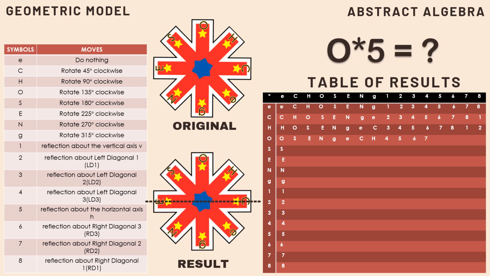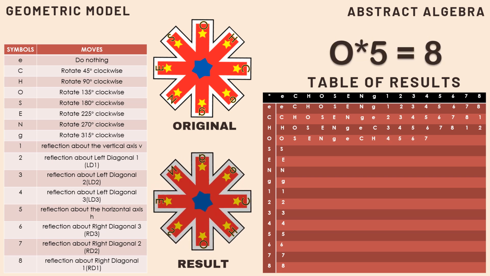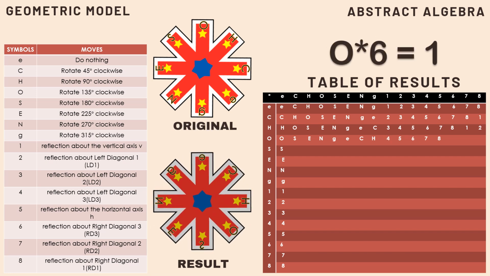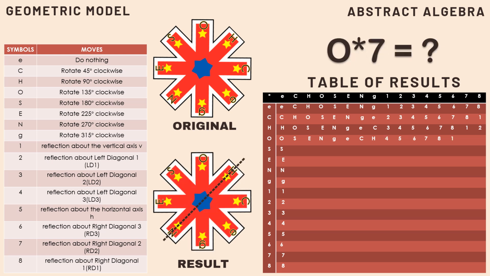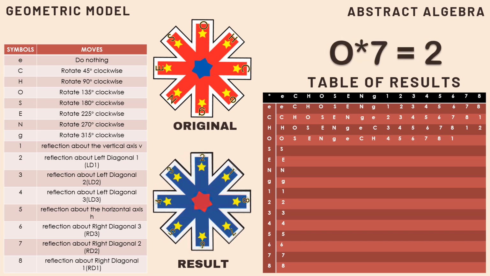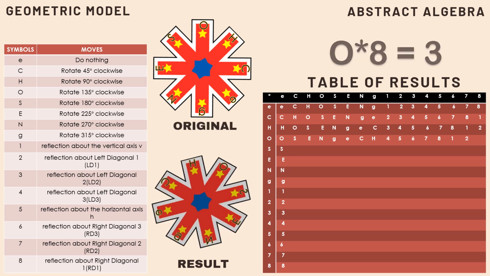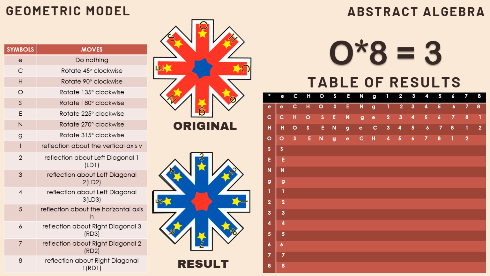O star 5 is 8. O star 6 is 1. O star 7 is 2. O star 8 is 3. Next, let's go on to our fifth row.